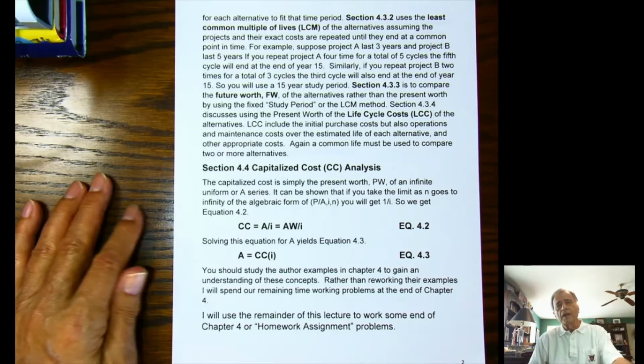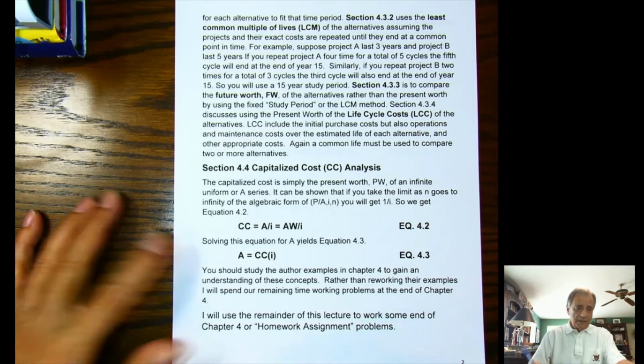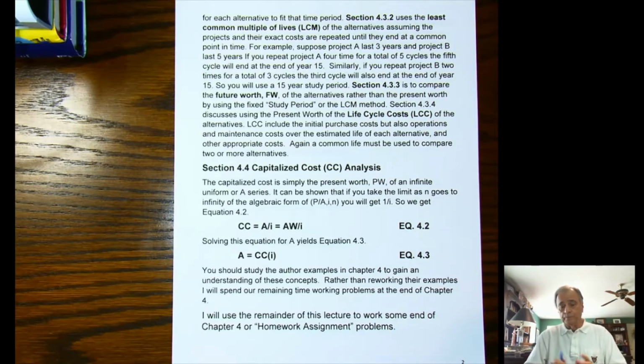And so the future worth is really not a present worth deal, it's a future worth. But if you have a common time frame, if the present worth of A is bigger than the present worth of B, then the future worth of A would be bigger than the future worth of B, because it's just some constant F given P at some rate for the same number of years in both cases gives you a future value.